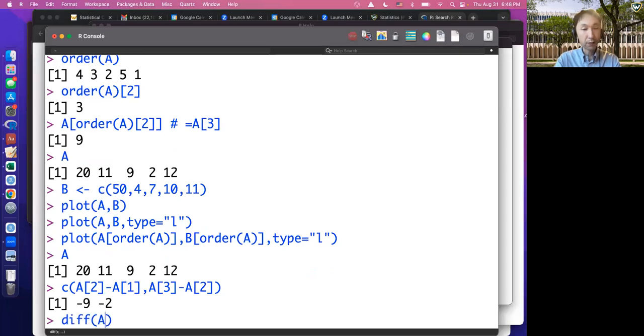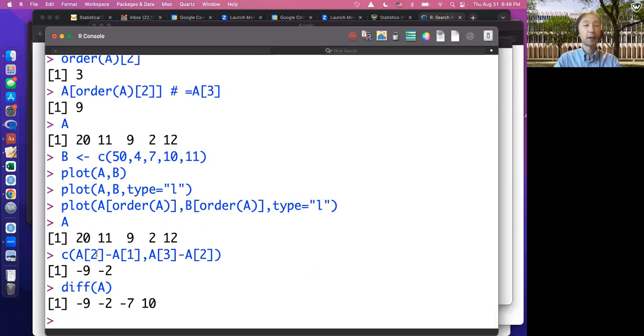Then you can use the diff of A. Then you can see 11 minus 20 is negative 9, 9 minus 11 is negative 2, and so on. 12 minus 2 is 10. So the original vector has 5 elements, and diff of A has 4 elements.